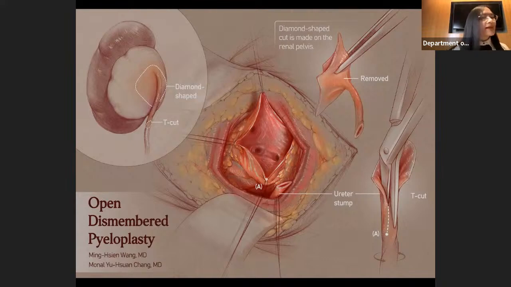Thank you, Juan, for the question. The question was regarding the little twisting arrows at the very bottom of the page. That was a decision made to show that the incision is not made facing the surgeon. It's something we discussed with Dr. Ming-Hsian Wang: to make it easier for the attachment to happen, the incision, especially a longitudinal cut, would usually face the renal pelvis, which is in the deeper layer of the wound bed.